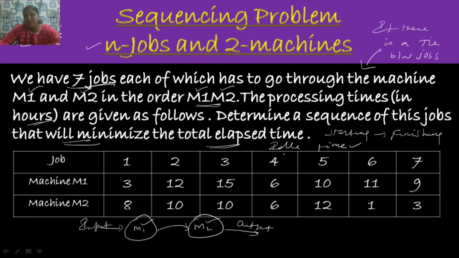So the elapsed time is the time interval between the starting time and finishing time, including the idle time. Here, there are 2 machines M1 and M2 and 7 jobs.